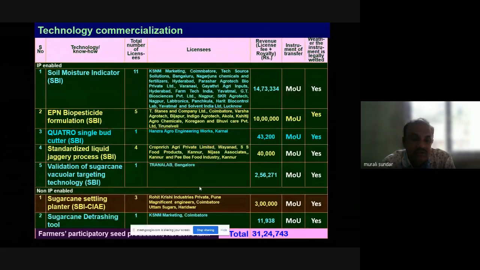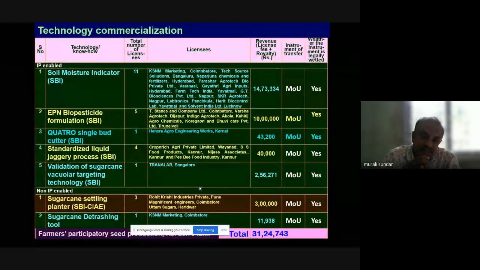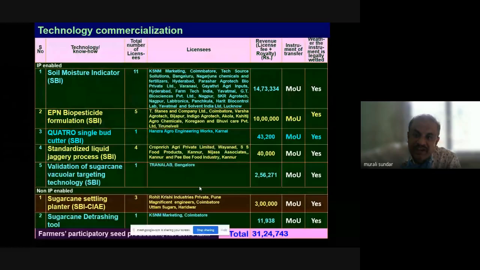We have done an MOU with nearly 11 firms for the soil moisture indicator. Out of that, nearly 4 firms are producing commercially, and they are selling the soil moisture indicator to different stakeholders, especially government agencies, KVKs, and innovative farmers. From the studies we conducted with different farmers, they told us it's quite useful and they are very happy.